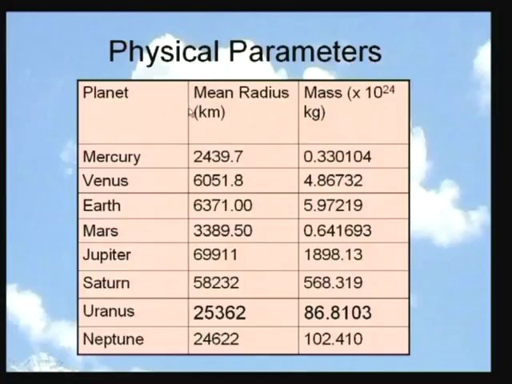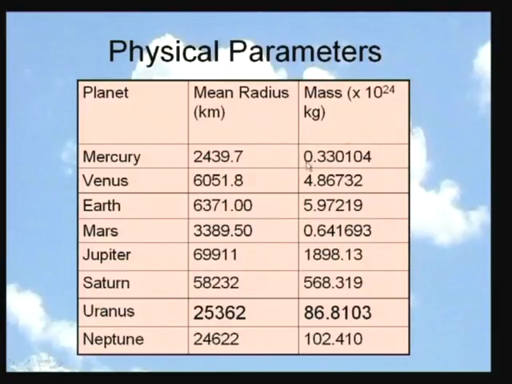So, this shows you the radius, and you can see that all the way to Mars the planets have radii of the order of a few thousands of kilometers. Once you reach Jupiter, it is of the order of 70,000 kilometers. There is a substantial jump, and these are all of the order of tens of thousands of kilometers, Jupiter and beyond.